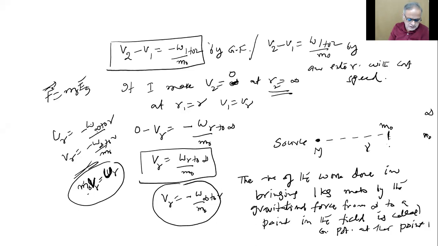Sai Sudhir, did you write? Yes. Sir, can we say that the potential energy per unit mass is potential? Yeah, why not? The whole idea is this. Similarly, force per unit mass is field strength. Now, Sai Sudhir, for you this is enough.